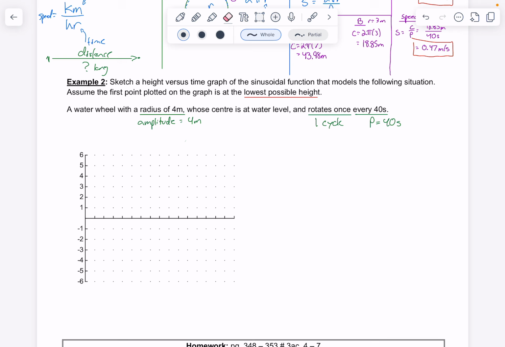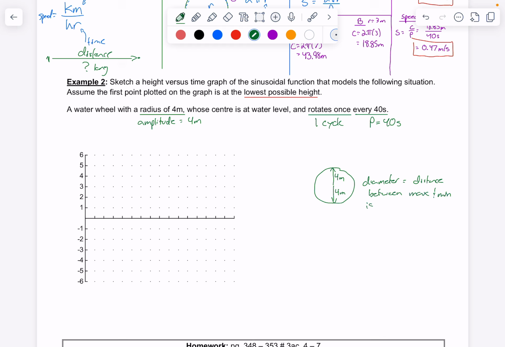If we think about the radius being 4 meters, 4 meters going one way and 4 meters the other way, then your diameter, which is the distance between max and min, is 8 meters.